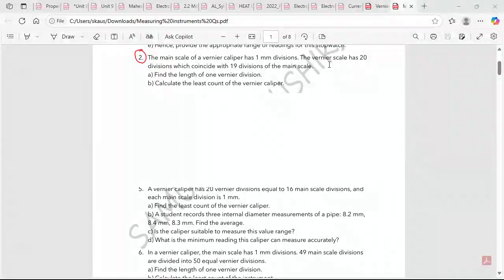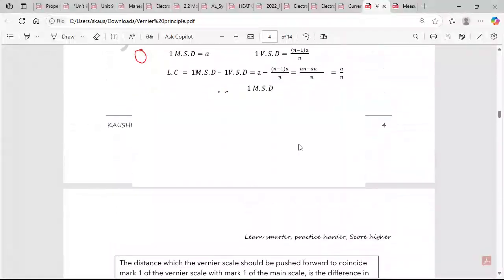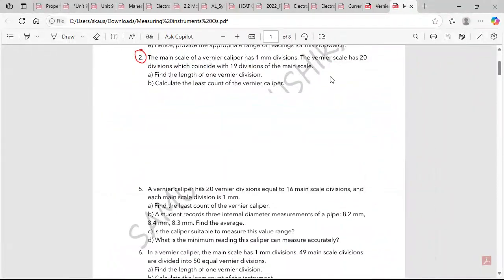The equation is there in your notes. That's why I told you to write the equations. It's your duty to write the equation.